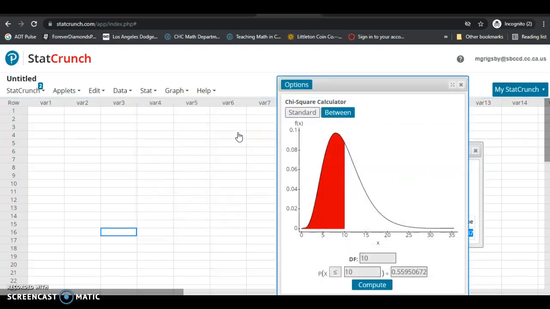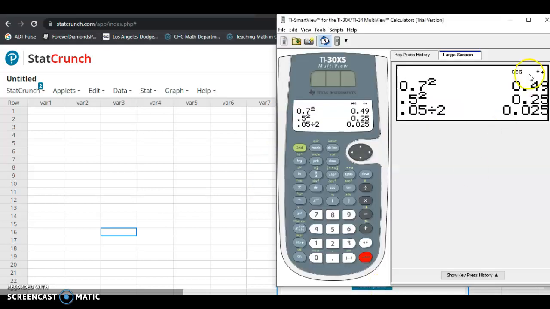Whenever we construct confidence intervals for a standard deviation or variance, or we perform hypothesis tests for the standard deviation or variance, we use what's called the chi-square distribution. Okay, so we want the critical values. So I mentioned earlier that you divide the significance level by 2.